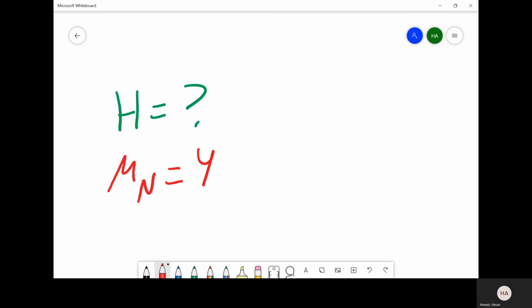If she had it for the first month and then she had it for the next 3 months, then she's had Netflix for all 4 months. And the variable that I'm going to use to denote this is an M for month and then a subscript of N for Netflix. You don't have to use these variables. I'm just doing this so I can keep track of my information. I'm also writing this in red because Netflix is commonly noted as red. So, maybe do things to help you keep track of what's going on. So she has had Netflix for 4 months.